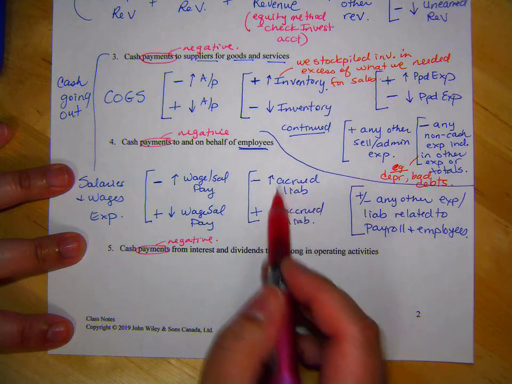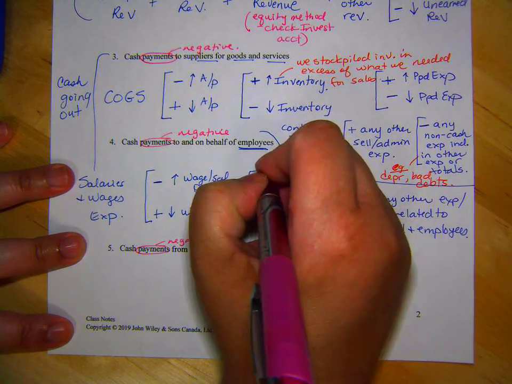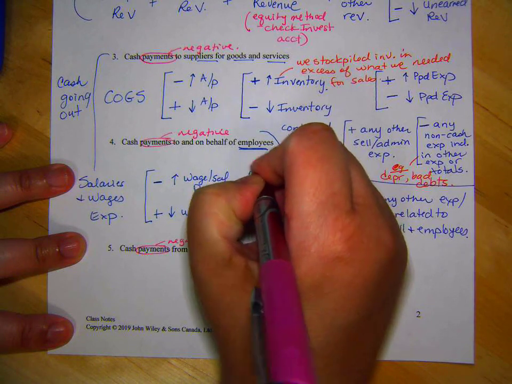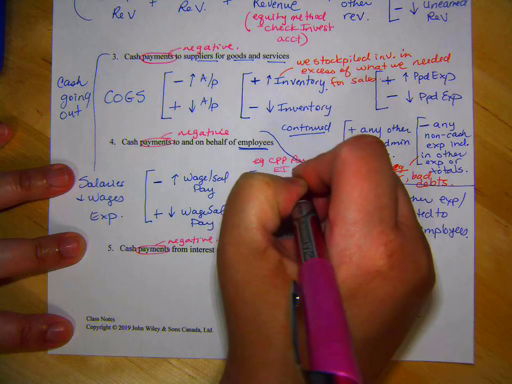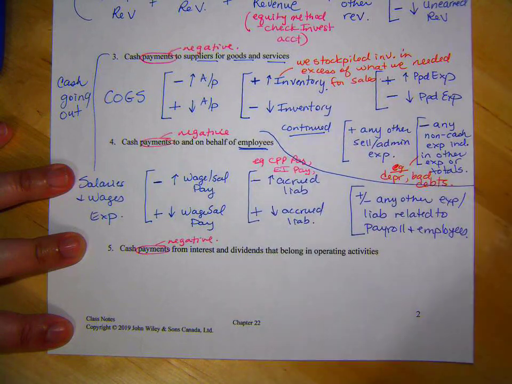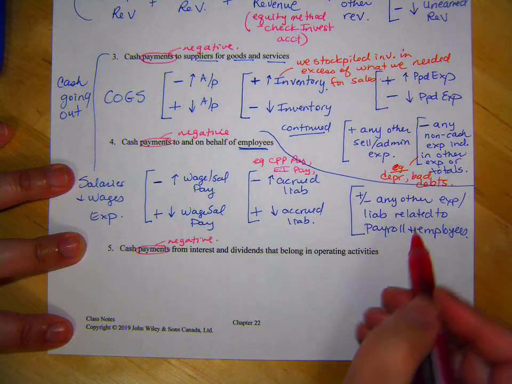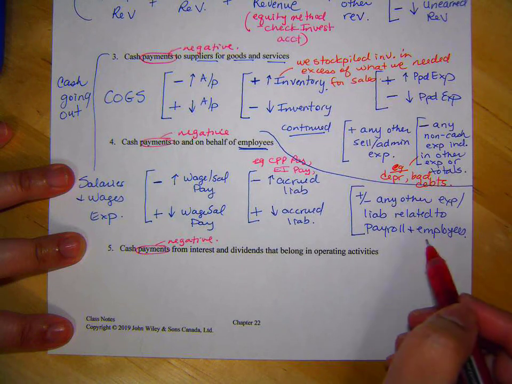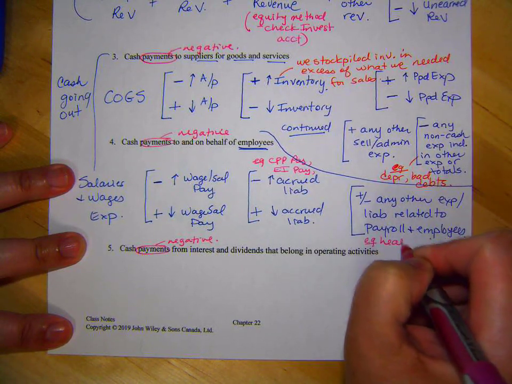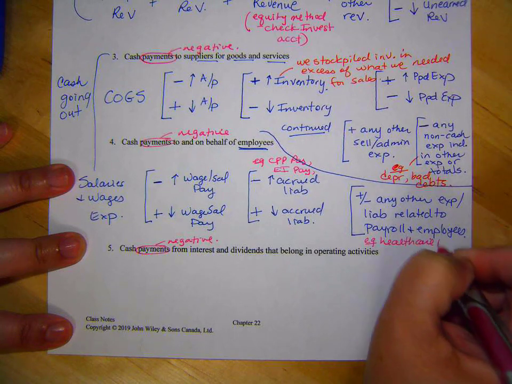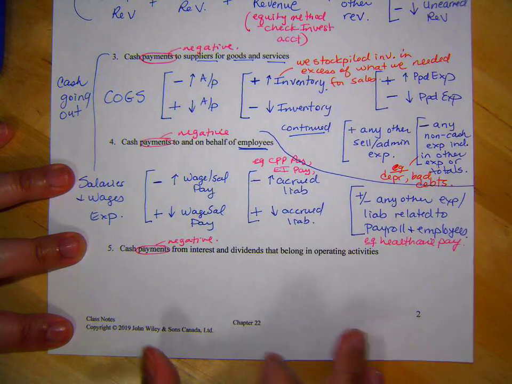So that would be here. So CPP payable, EI payable, etc. Things like that. And then if there's any other ones like healthcare payable, maybe that would go here. Or something like that.